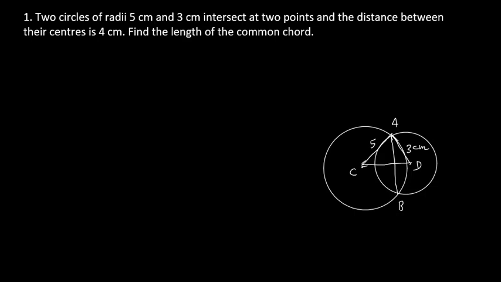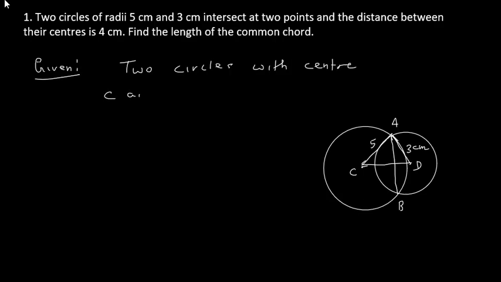So here I will say that given two circles with centers C and D have radii 5 centimeter and 3 centimeter respectively.